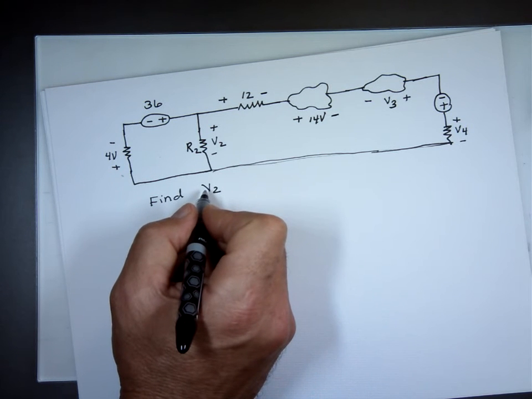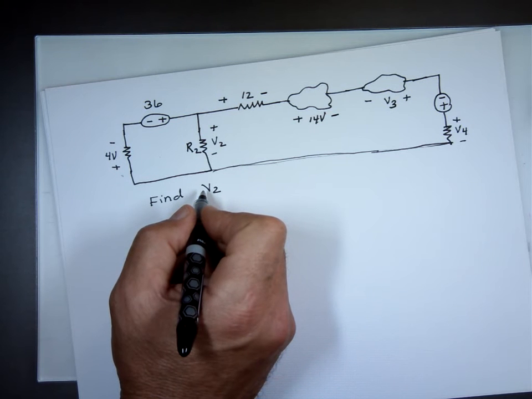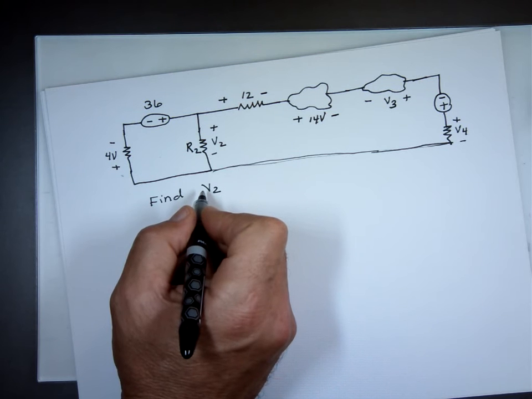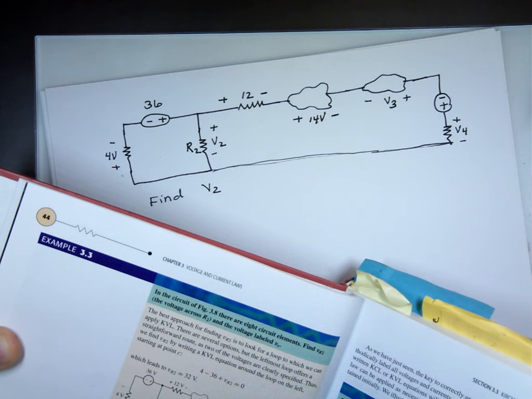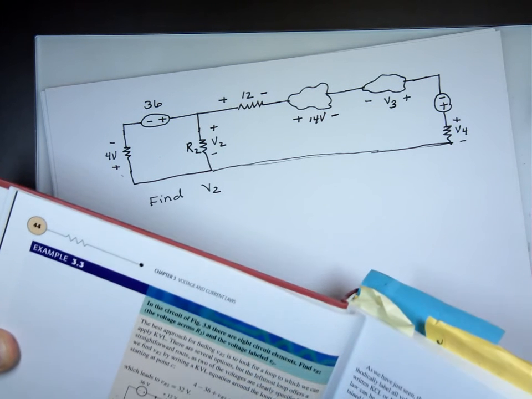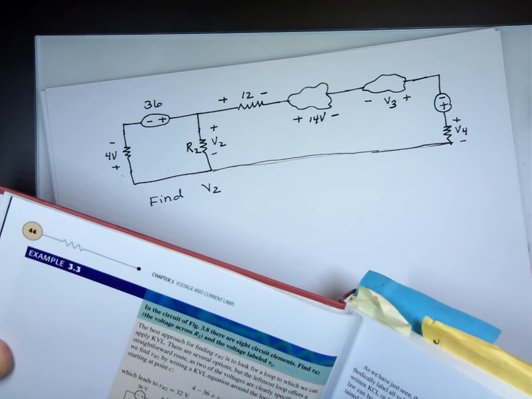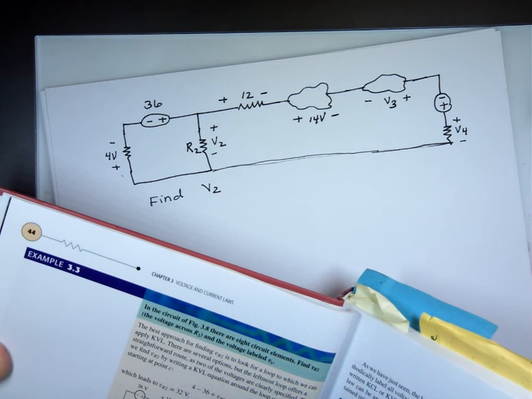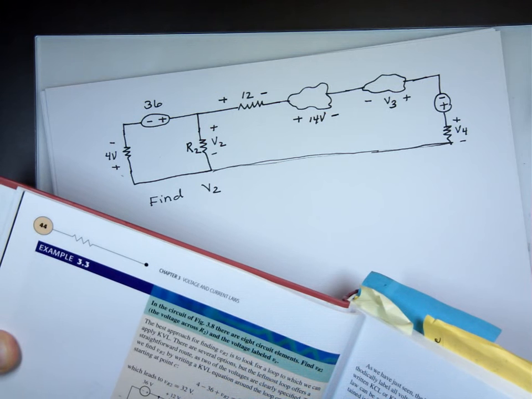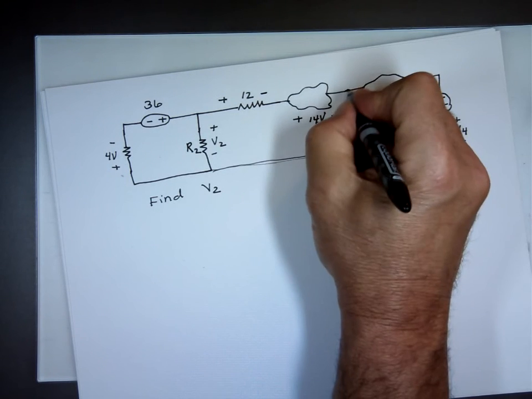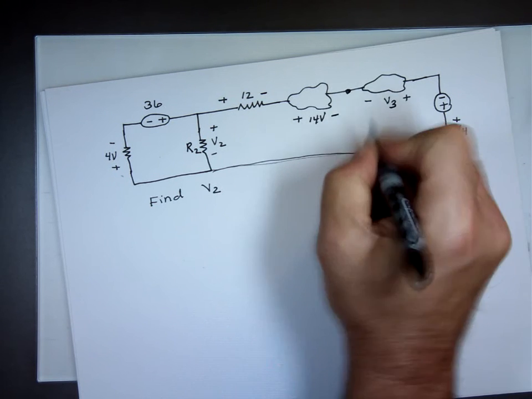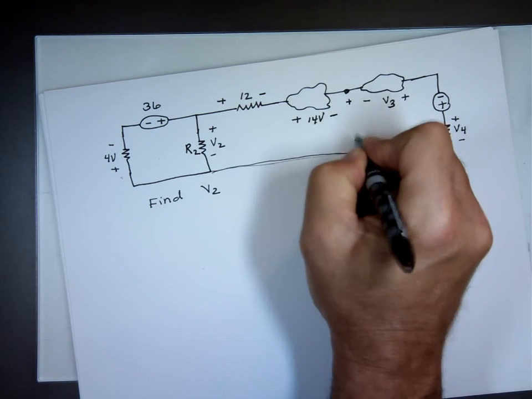What else we got here? What is Vx? VR2, which of course R sub 2, I get that. And the voltage labeled Vx. Where the hell is Vx? Oh, Vx is labeled right here, the voltage. Plus, minus Vx.